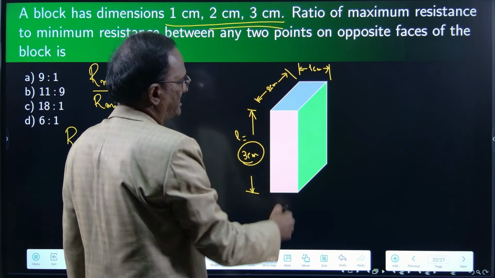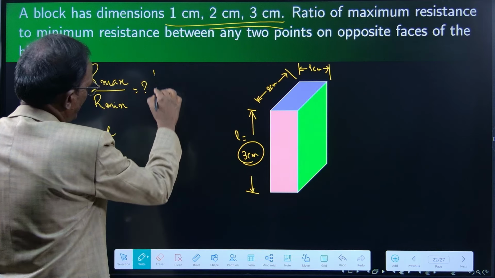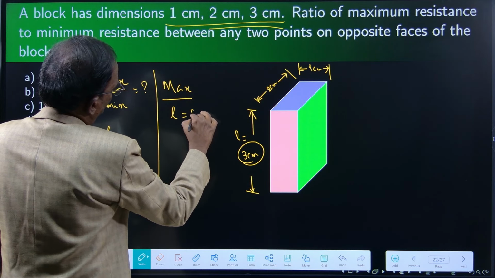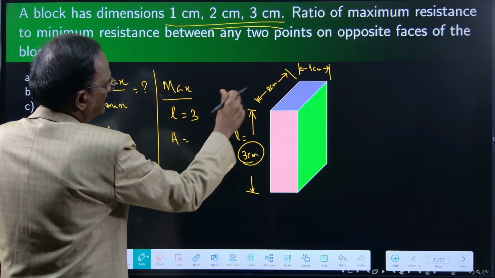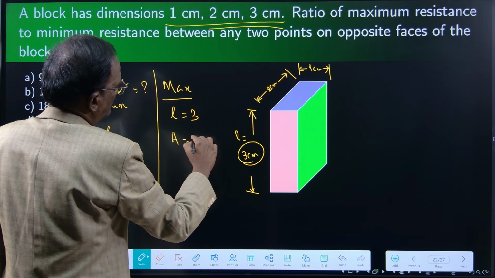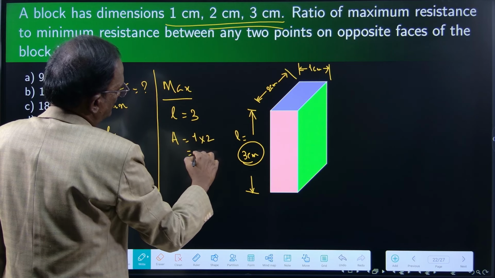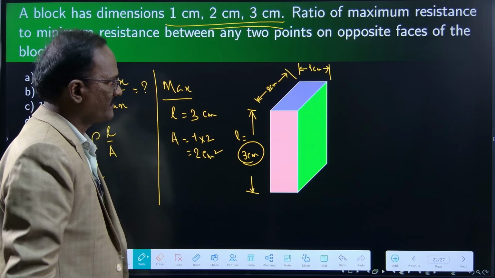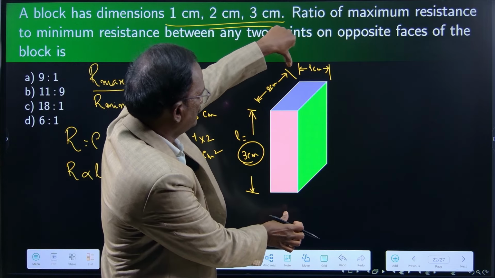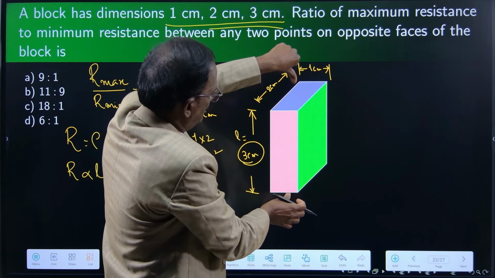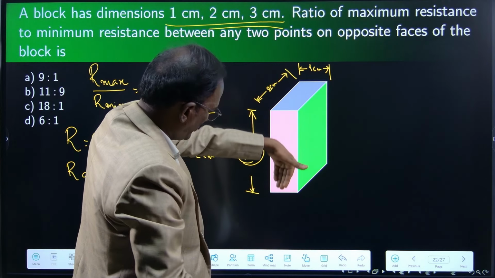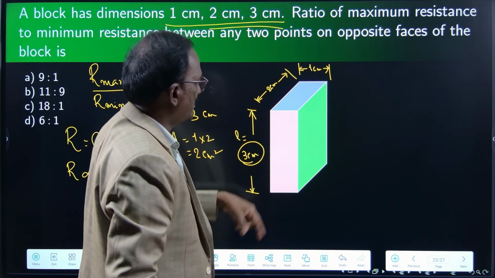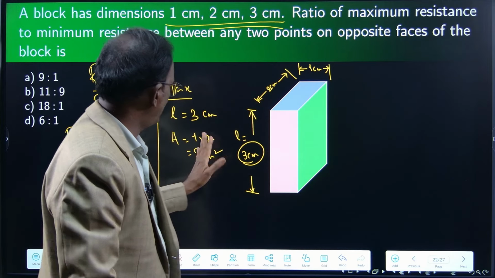For maximum resistance, L must be 3 and A must be the other 2, 1 into 2. Yes, 2 centimeter square. So you are connecting the two wires in this way. So the current is flowing in this direction from top to bottom. This way if you connect it, then this is coming as cross sectional area, right?